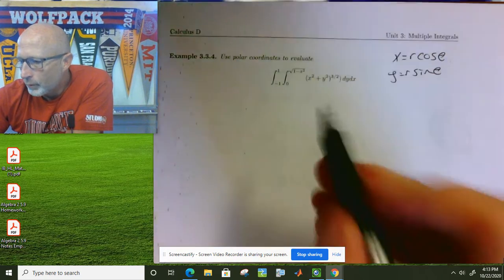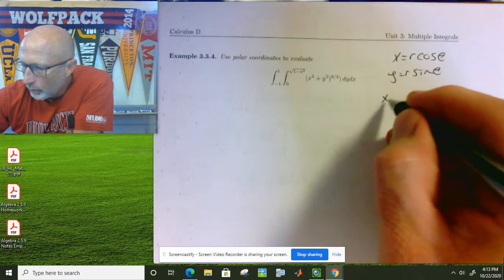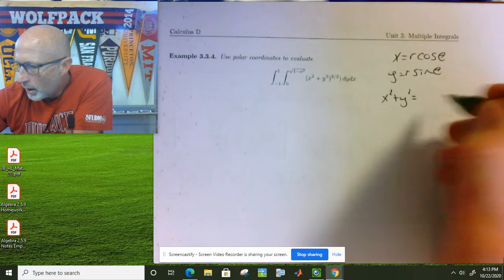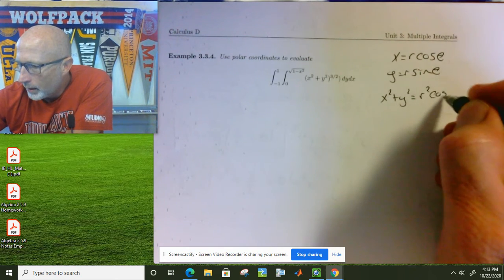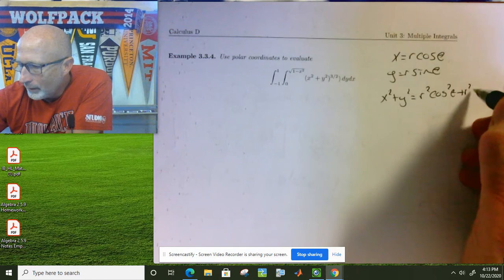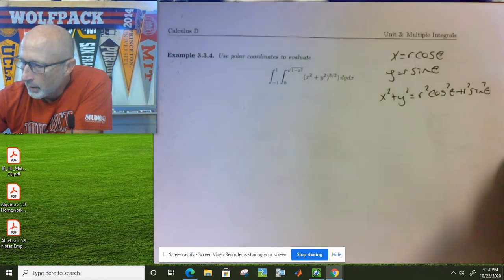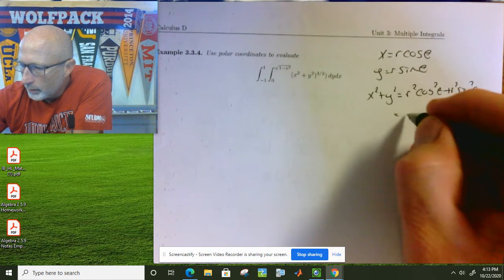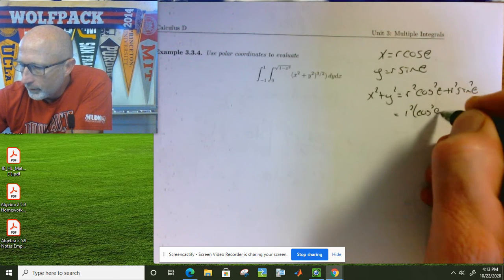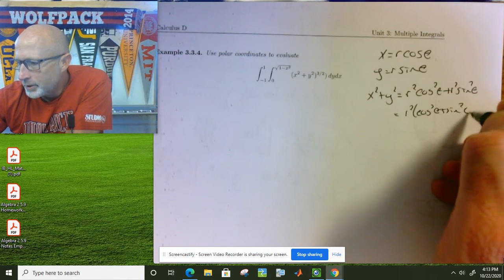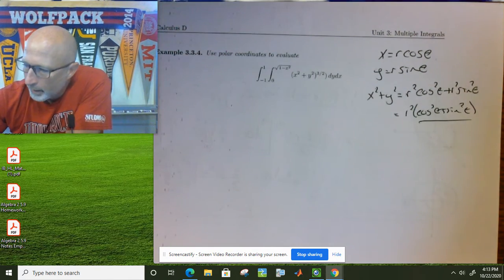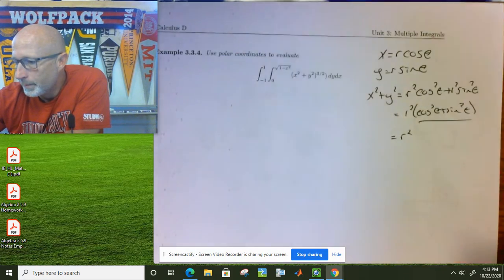So x squared plus y squared is equal to r squared cosine squared theta plus r squared sine squared theta, which is r squared times cosine squared theta plus sine squared theta, and that's your baby, that's 1. So that's just r squared.